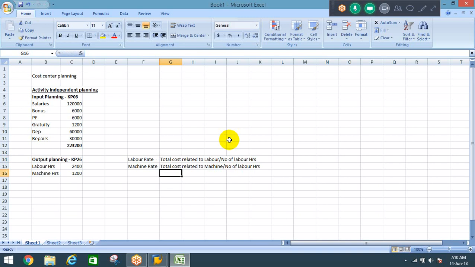Okay, this is the formula. Here we have number of labor hours and number of machine hours. But how do you find total cost related to labor?